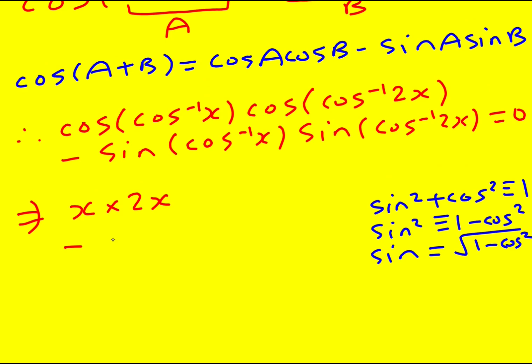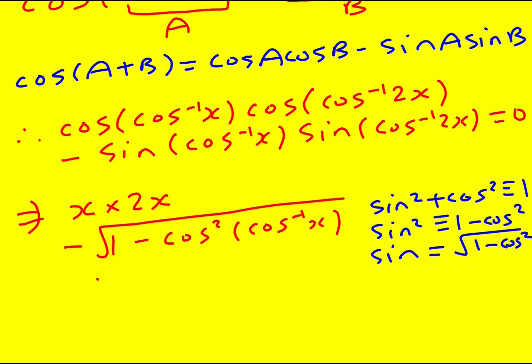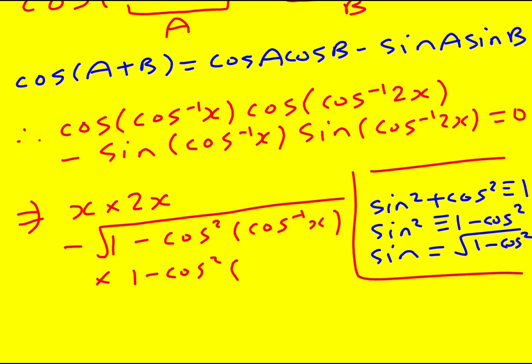So I can write that this is going to be 1 minus cos squared inverse cos, square rooted, and times that by 1 minus cos squared inverse cos of 2x, all square rooted.